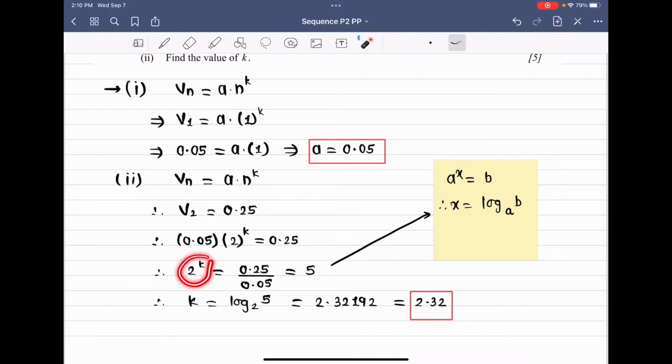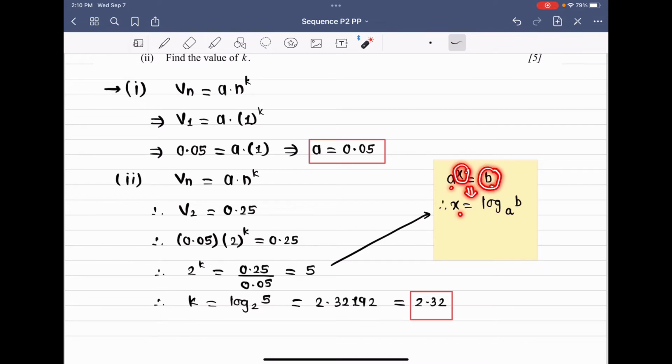To solve 2 raised to k is equal to 5, you can use trial and error, but here we can use the method of exponentials and logarithms. This is your exponential term. Why exponential? Because the power contains a variable, in this case k. So a raised to x is equal to b. This is the exponential, and I am converting it into a logarithm. The power x comes down.